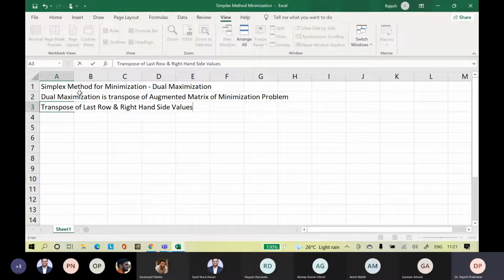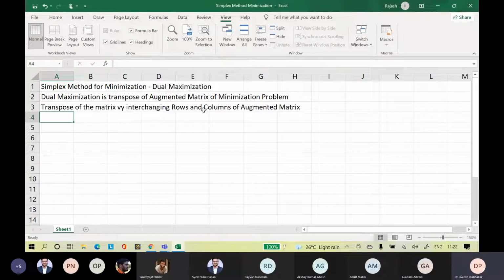No, we have to transpose completely. Oh, sorry. Transpose the matrix by interchanging rows and columns of the augmented matrix, or the initial matrix.